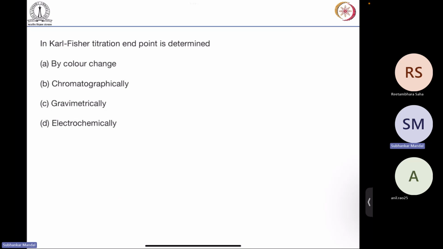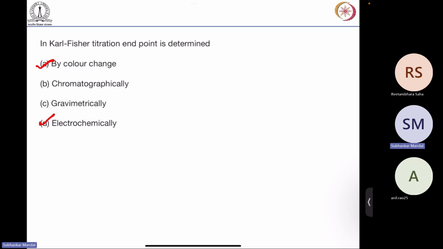Anyone can unmute or write in the chat box. A and B, okay, by color change and electrochemically. Yeah, so that is the correct answer.